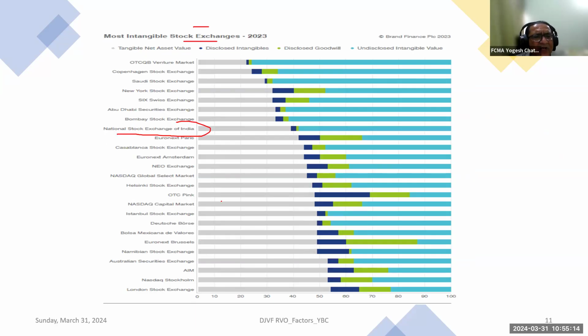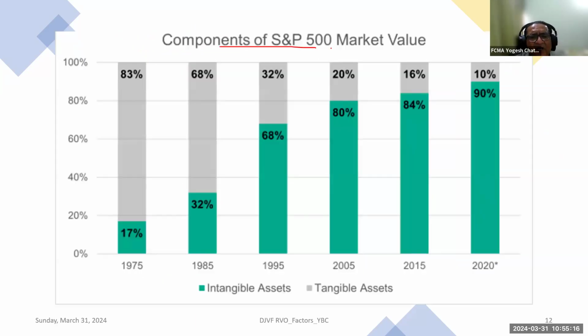Likewise, moving forward, this is the component of S&P 500 market value. Going by the finding of this survey, S&P is the stock index in the USA. These are the 500 biggest companies by market value in the USA.